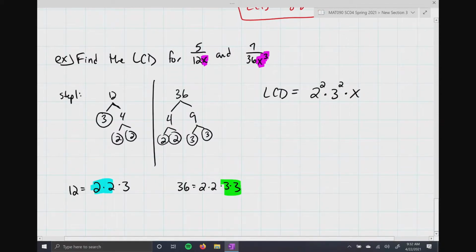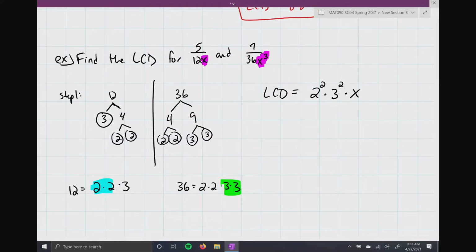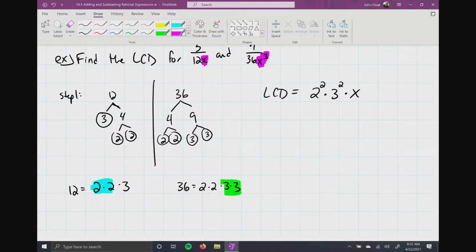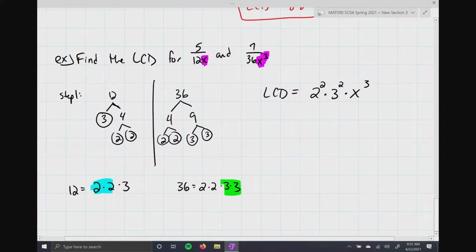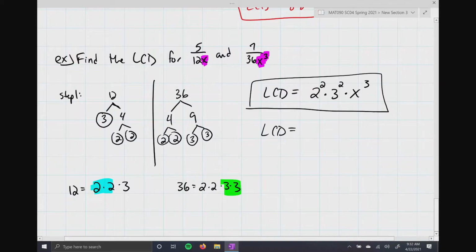However, in the first denominator, you only have 1, and in the second denominator, you have 3. So I need the most, which is my highest exponent. So from here, my LCD is going to equal 2 to the second times 3 to the second times x to the third. And last time I checked, that's 4 times 9, which is 36x to the third. And that is my LCD.